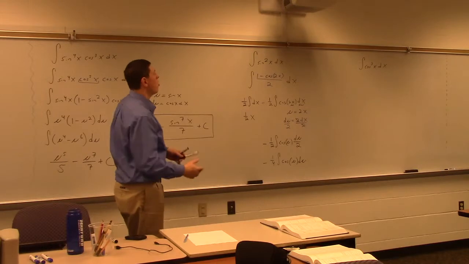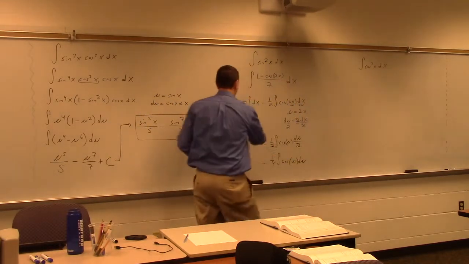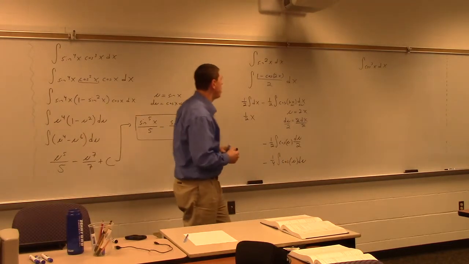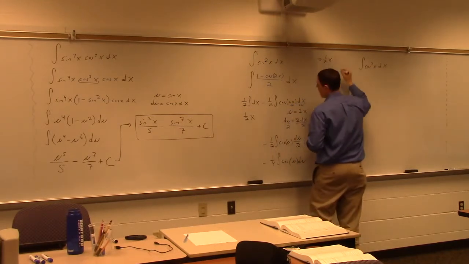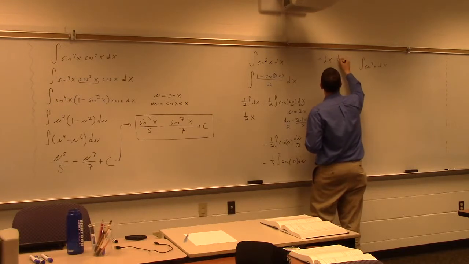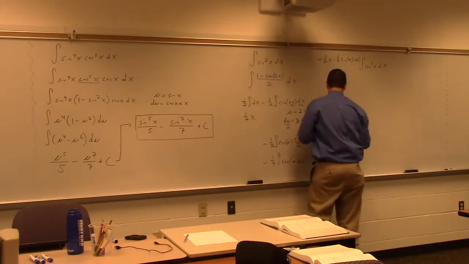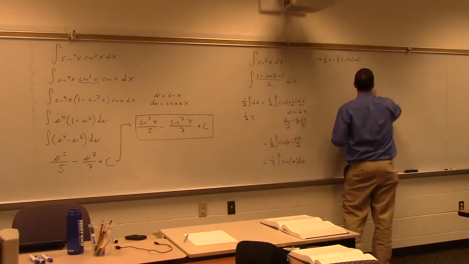Okay? So let's go back up here and just write everything that we have. We have our 1/2 x. The antiderivative of cos is sine. So I get 1/2 x minus 1/4 sine of u plus c. And let me erase this integral. We'll put it back up in a second.